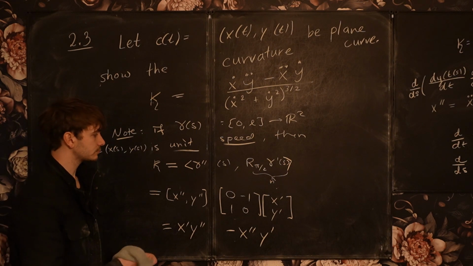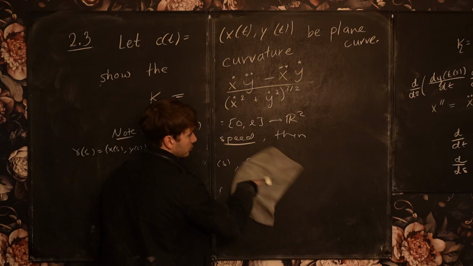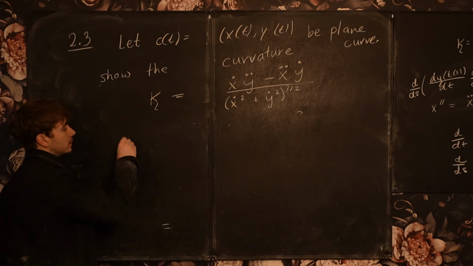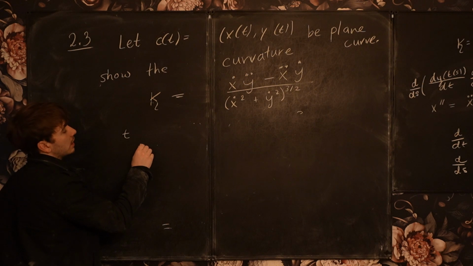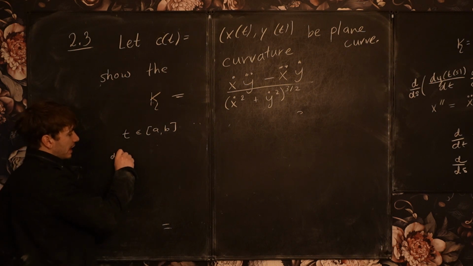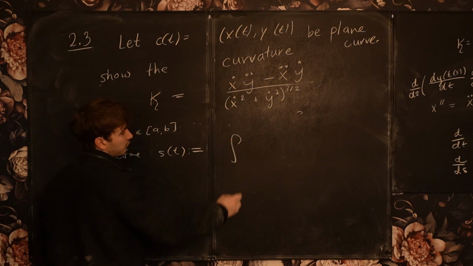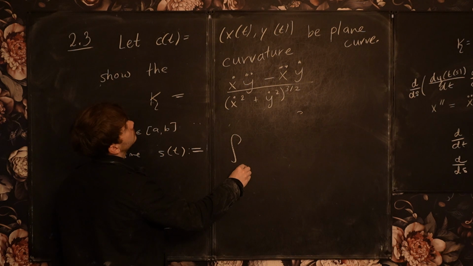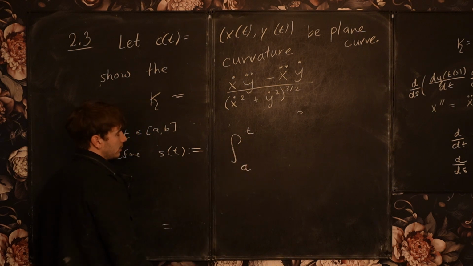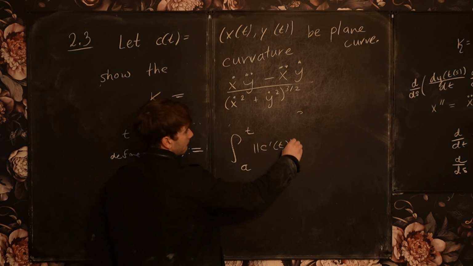So first of all, we'll note that this curve C admits a unit speed reparametrization. Okay. So t is in the interval [a, b], and if we define s of t to be the integral from a to t of the norm of C prime of t dt.